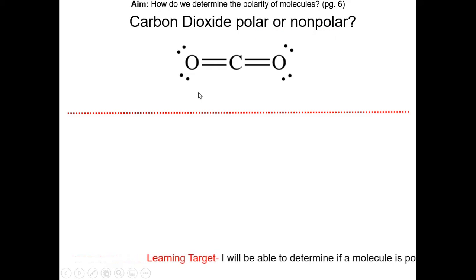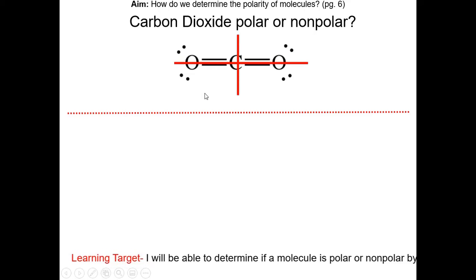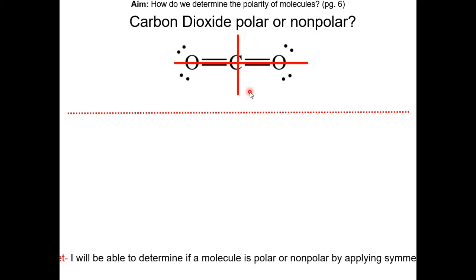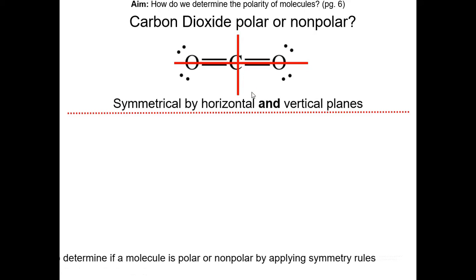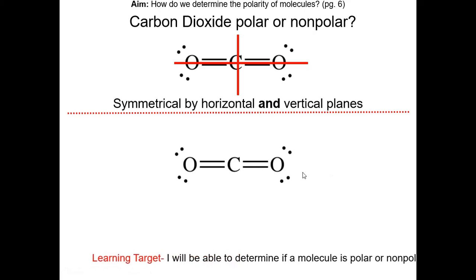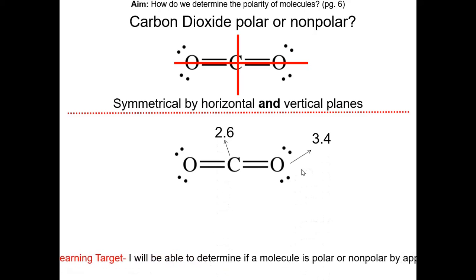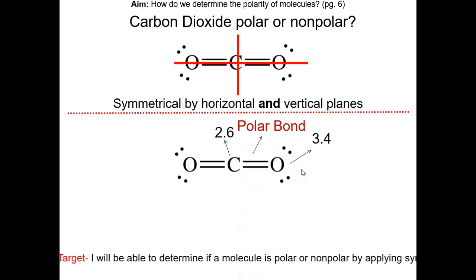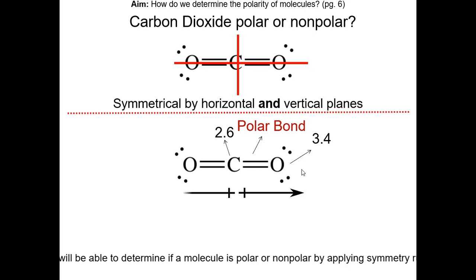The first method you can use on the regents is basically checking if there's horizontal and vertical symmetry. As you can see, carbon dioxide has both vertical and horizontal symmetry. Therefore, it is symmetrical and therefore it is considered nonpolar. The second method is checking if the dipole arrows cancel out. So carbon dioxide has a linear shape. As you can see, the CO bond is a polar bond, and since we have two of them, we have two dipoles.